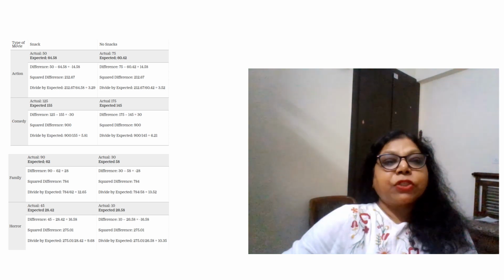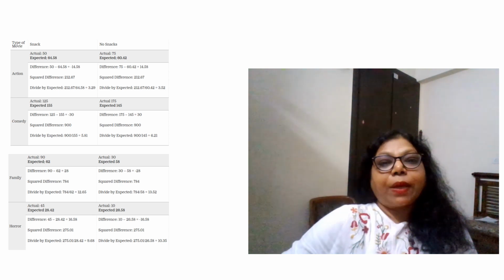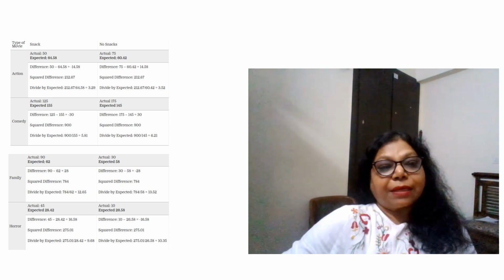Next we square the difference. Squaring gives the same importance to combinations with fewer actual values than expected and combinations with more actual values than expected. Next we divide by the expected value for the combination. We add up these values for each movie snack combination and this gives us our test statistic.